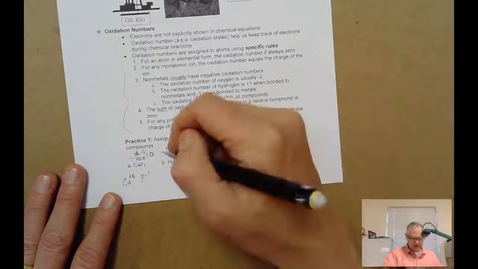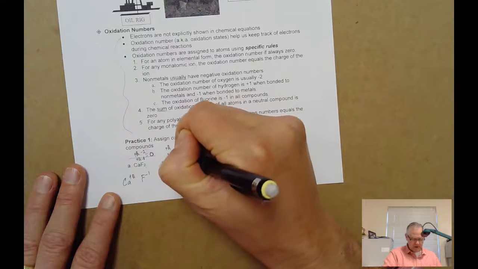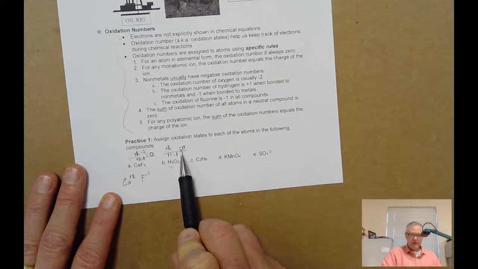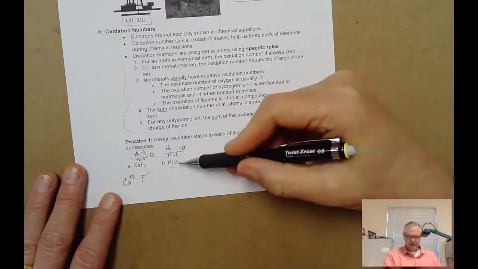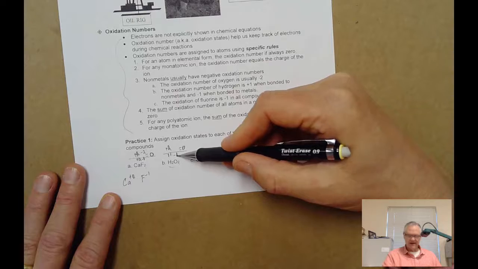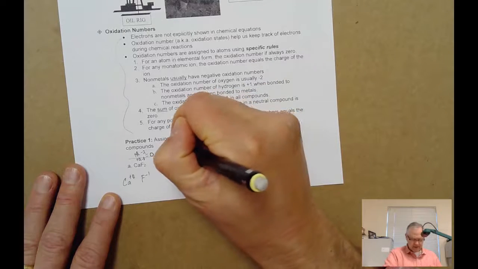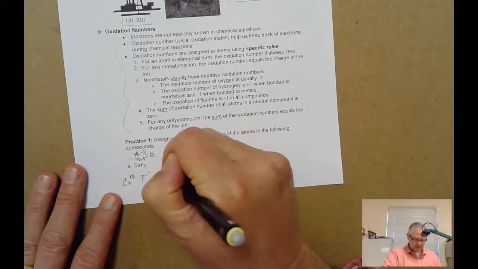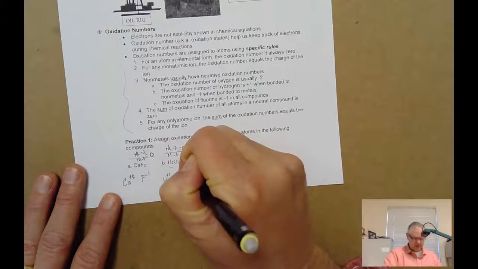So I have to start asking myself, what can I add to +2 to get 0? And of course that would be -2. So if I have 2 oxygens with an oxidation state of -1, that gives me an overall -2, which gives 0. So in this one, the hydrogen is +1 and the oxygen is -1.